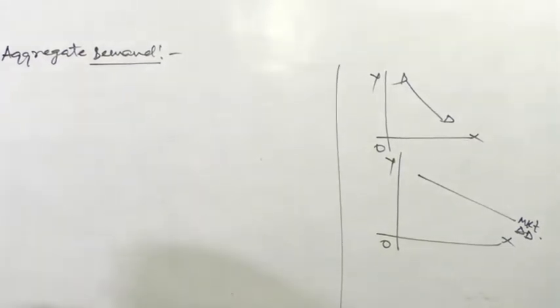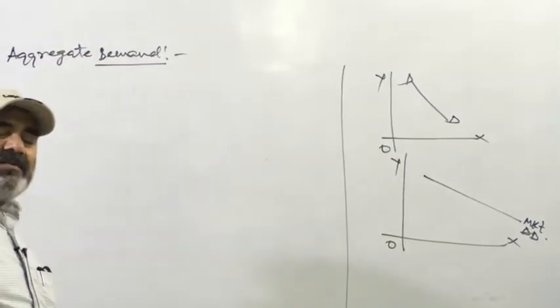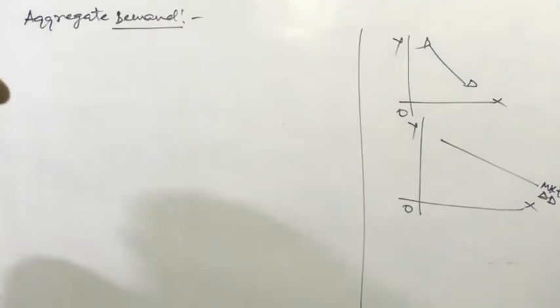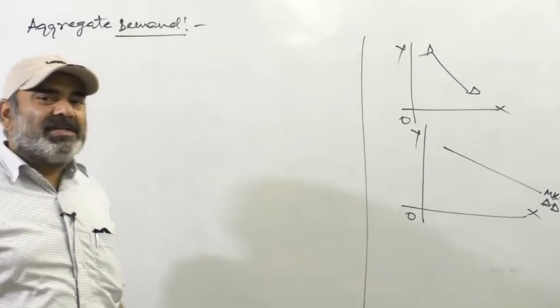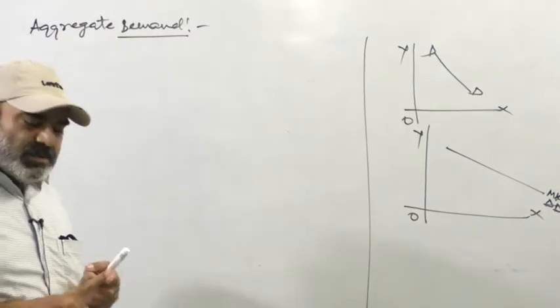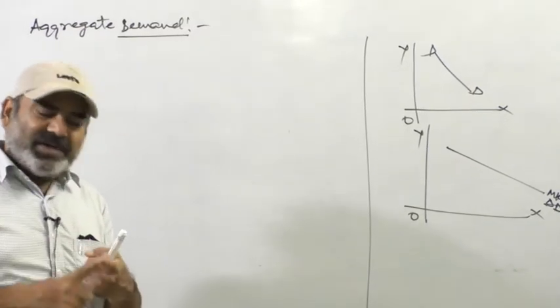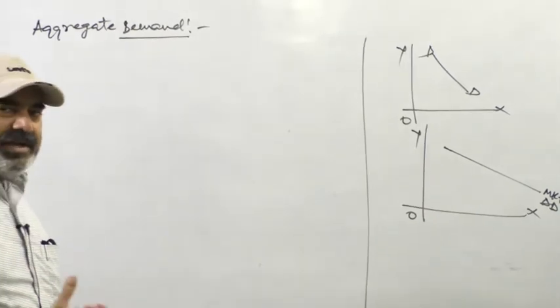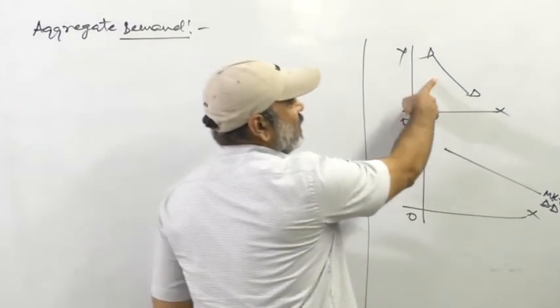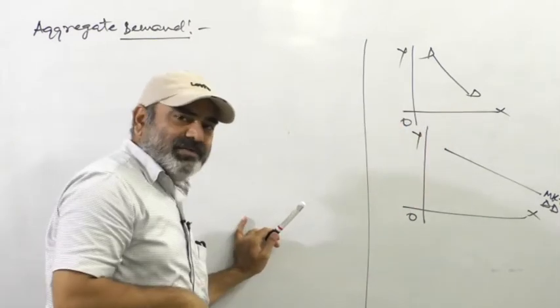आप देखना, demand curve is based on law of demand, and according to law of demand, keeping other factors constant, price of a commodity and its quantity demanded are inversely related, and that is why demand curve is downward sloping from left to right.